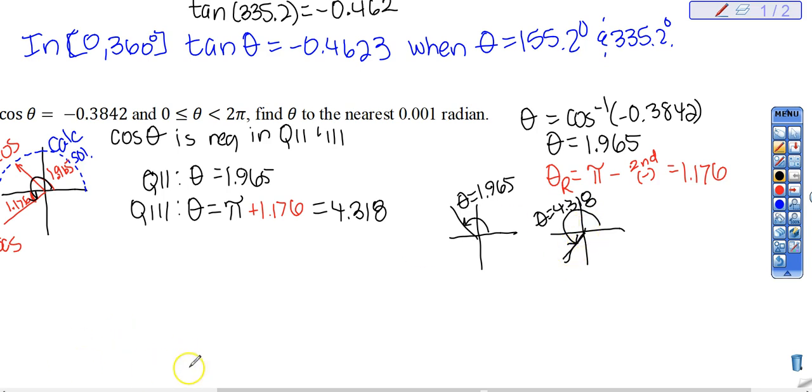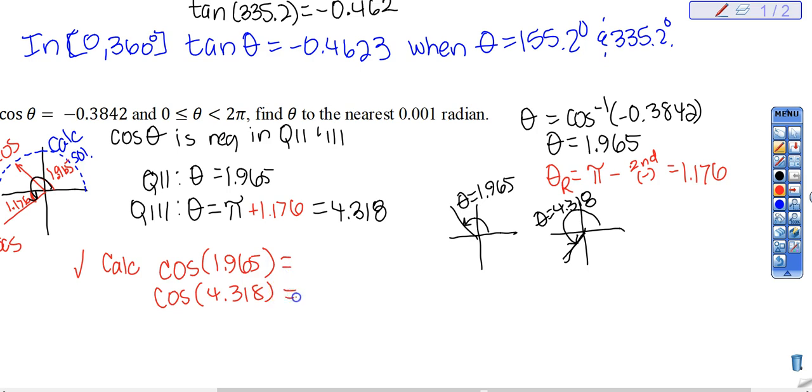Okay, so calculator check. We're going to test it, make sure we're right. So the cosine of 1.965 and the cosine of 4.318, plug them into your calculator and verify that we did this properly and that we're getting an answer that's close.